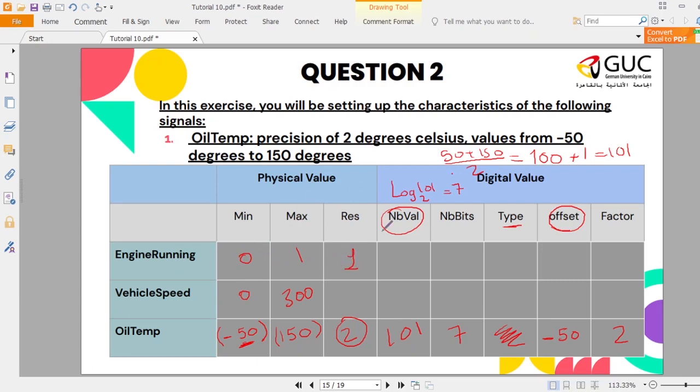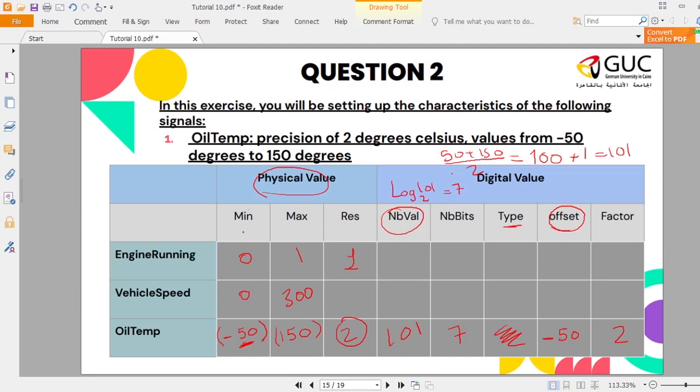Cool. Going further, this is the physical value section. This is the actual physical value of the signal. So we need to digitize this physical value into a digital value in order to understand it, encode it and do whatever we want with it. So what is the total number of values that we have?